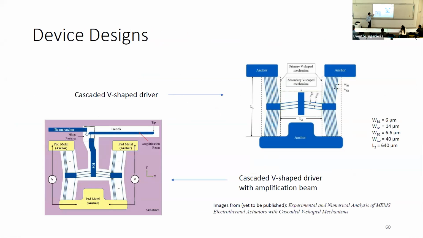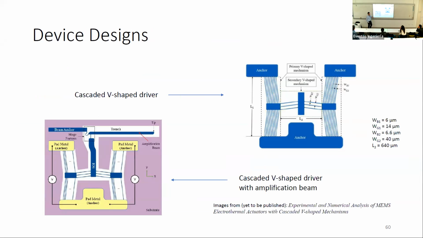We devised some designs here, electrothermal actuators. Here we're talking about 1 millimeter by 1 millimeter. These are designed, and then we print them at Europractice, so it falls under MEMS cap.